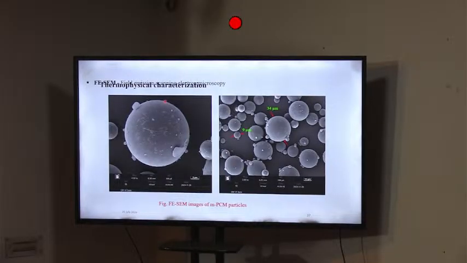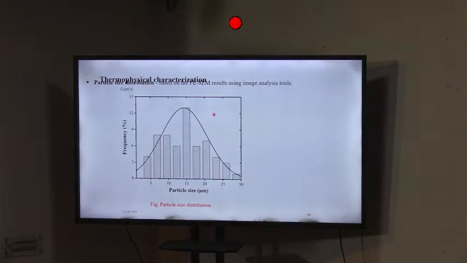We characterized the microcapsule particles, which seem to be smooth and spherical, and most of them have a regular shape as you can see in the scanning electron microscope images.